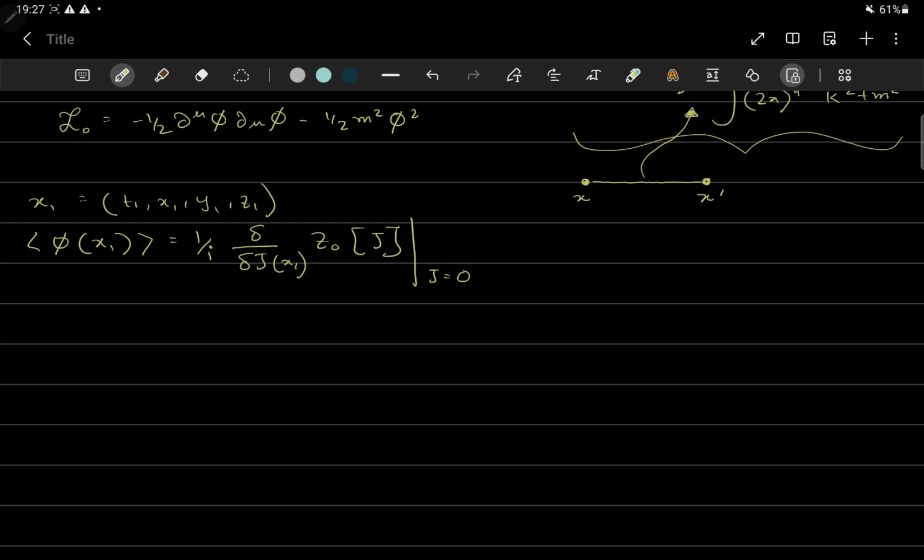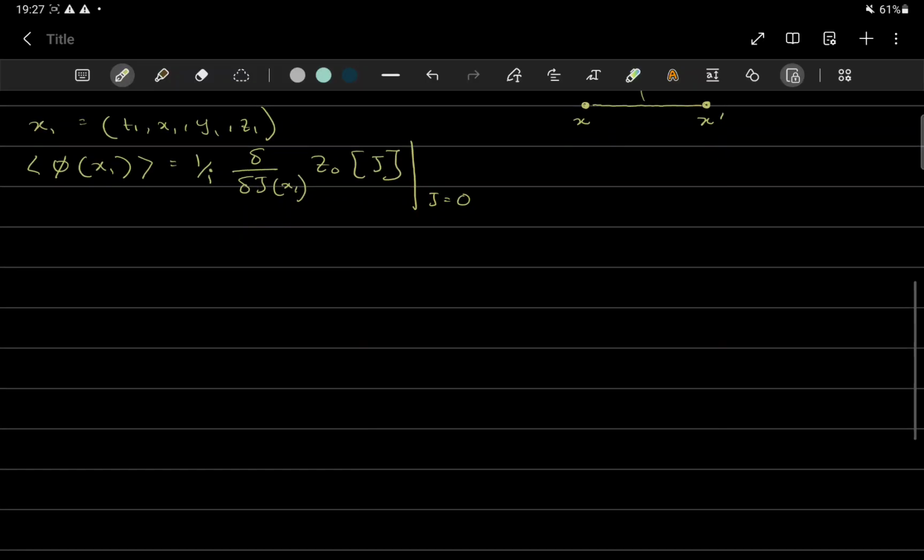Over here what we can clearly understand is that a functional derivative over J provides a sort of insertion inside the path integral. Taking n functional derivatives, depending on how many x's you have, deriving as many times, then setting J equals 0 and normalizing properly gives us this correlation function. That is exactly what we're doing when we define the correlation function as such.